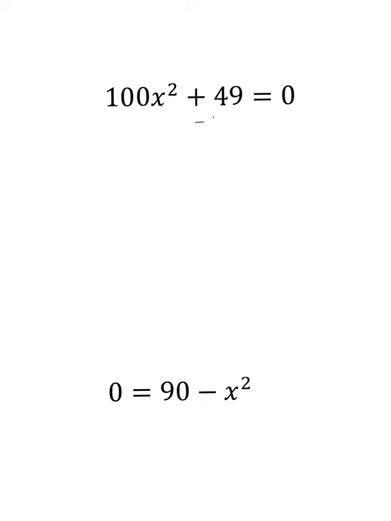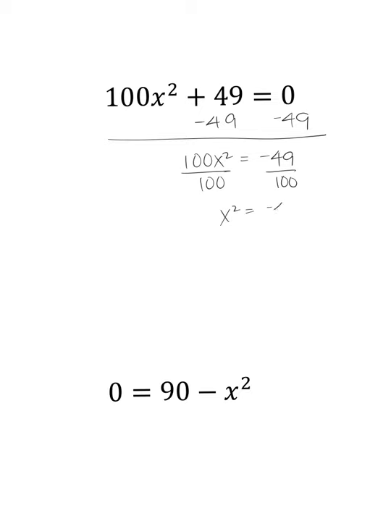On this example, I would start by subtracting 49 from both sides, trying to get my x term alone. I'd get 100x squared equals negative 49. Divide by 100. X squared equals negative 49 over 100. Whoop, hold up. We can't have a positive x squared be equal to a negative number.